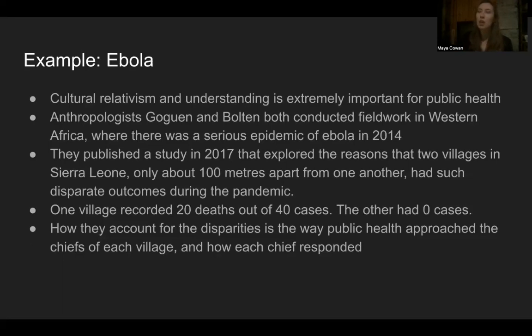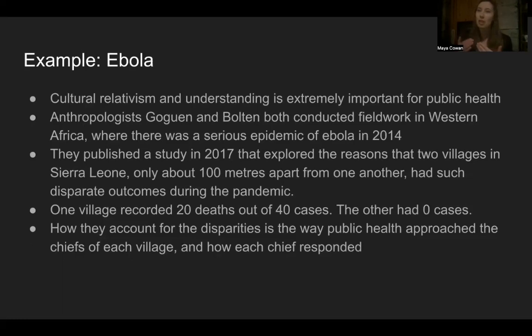But really, they didn't tell him anything about Ebola. They didn't try to impose their own cultural framework. What they really just said is like, people are sick, and as a leader, this is what we want you to do in order to help the people of your village from getting sick. And they approached him on much more of a level that worked, right?